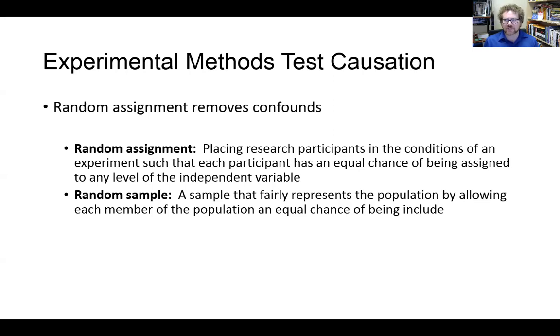There are a lot of other experimental controls that you will learn about if you ever go on to take more advanced training in research methods, particularly at the graduate level.